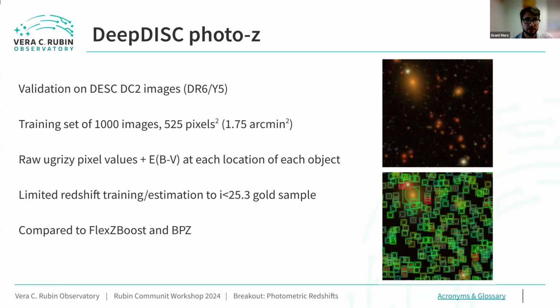In our training we can take as input just the 6-band raw ugrizy pixel values from the co-added images, and then additionally input the galactic reddening at the location of each object to try to reduce degeneracies between dust reddening and redshift. As a comparison and validation, we compare to 2 catalog-based estimators. These were mentioned earlier, FlexZBoost and BPZ.